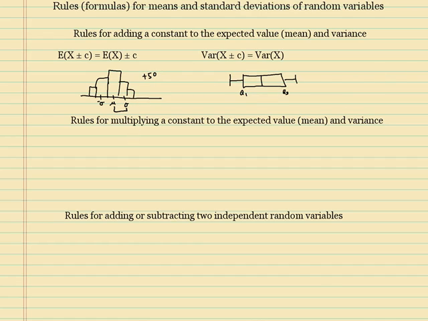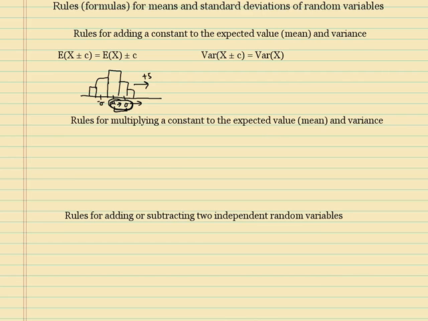If I add 5 to everybody, this whole thing just shifts this way by 5. But did this distance change? Did that distance change? No, this shifts over 5 and that shifts over 5. So it's the same standard deviation. That's one of the reasons why we don't do that. I will show you examples later.